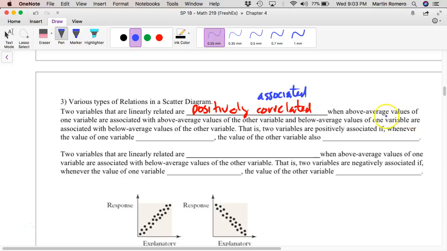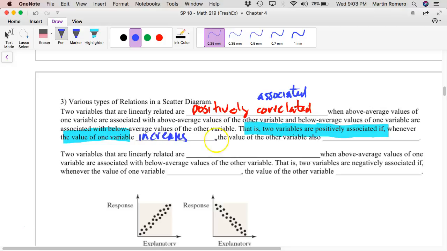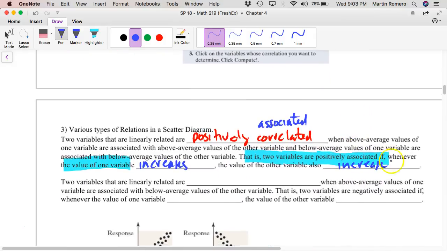It's kind of complex: above average values of one variable are associated with above average values of the other variable. But I think the best description, the one that makes more sense here, is positively correlated, positively associated, if whenever the value of one variable increases, the value of the other variable also increases. You can see it's positive there. This is positively correlated or associated.